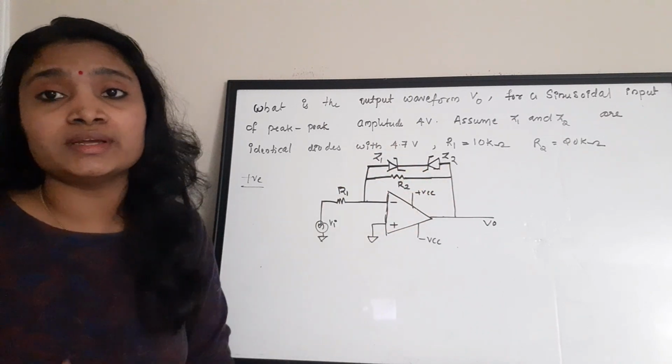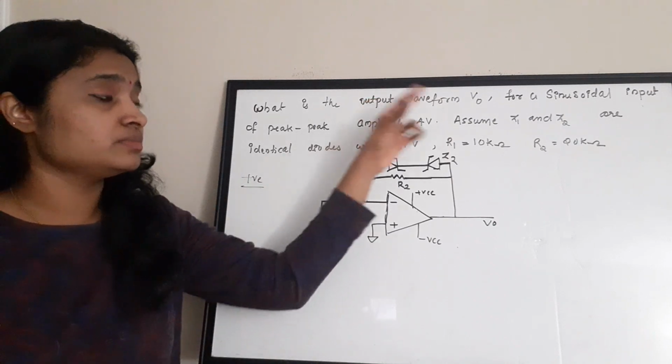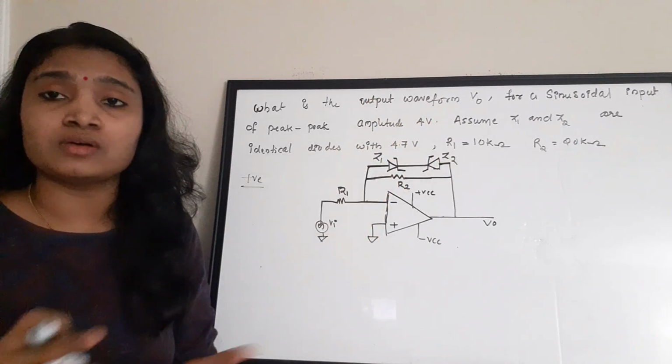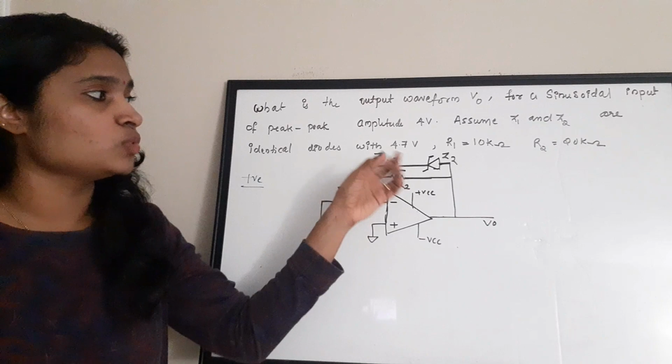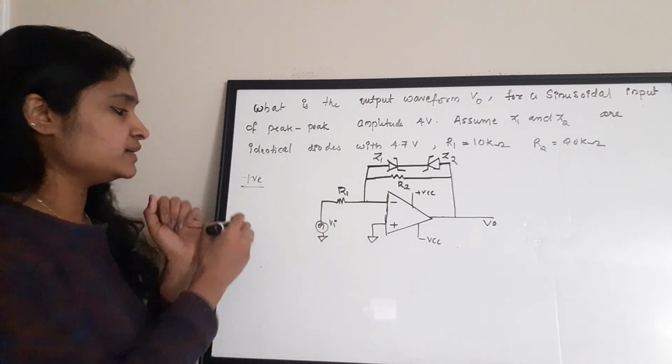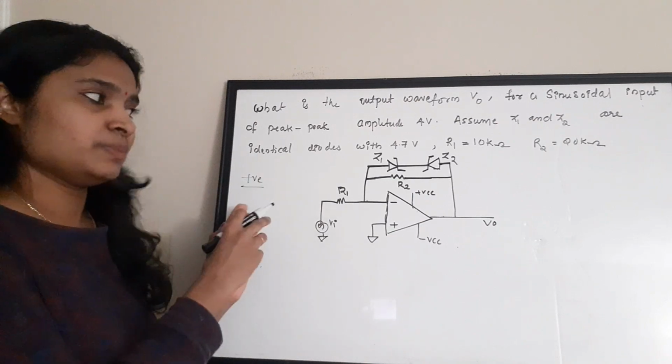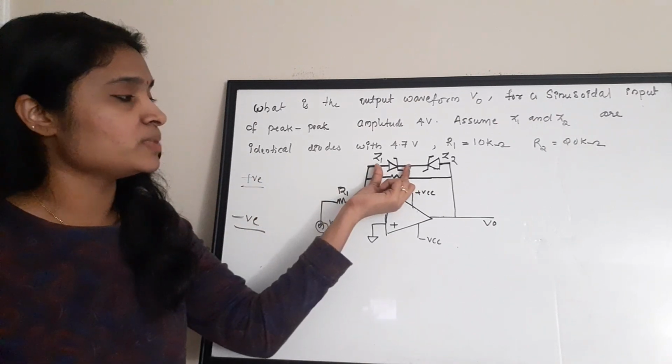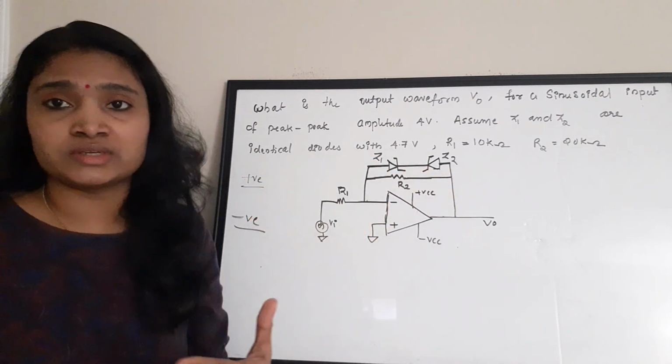Since the applied voltage is not sufficient or equal to the built-in voltage, one will get open circuited in the positive half cycle, and in the negative half cycle the reverse will happen. That is, this will get open circuited and the other one will get short circuited.